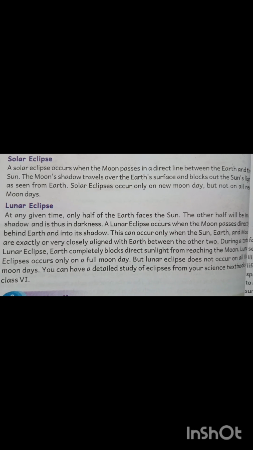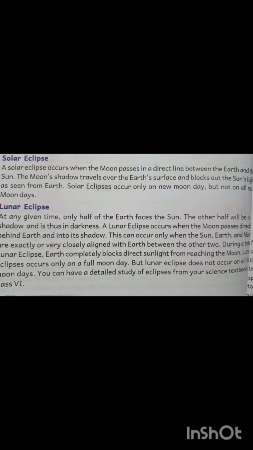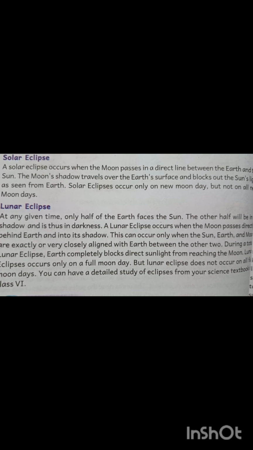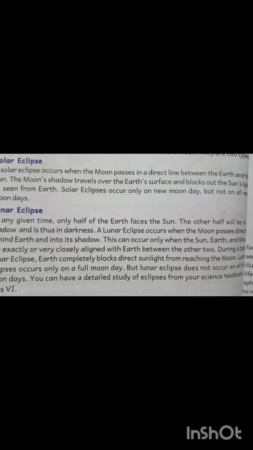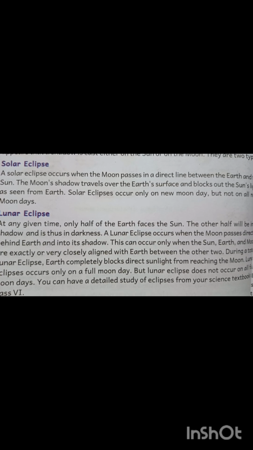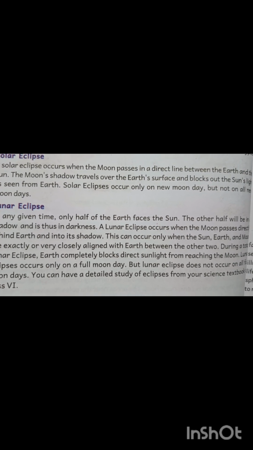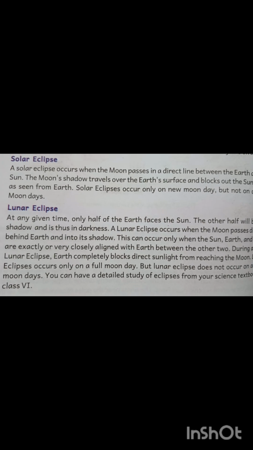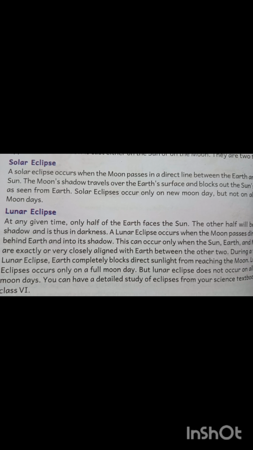Lunar eclipse. At any given time, only half of the earth faces the sun. The other half is towards the shadow and is thus in darkness. A lunar eclipse occurs when the moon passes directly behind the earth and into its shadow. This can occur only when the sun, earth, and the moon are very closely aligned, with the earth between the other two.